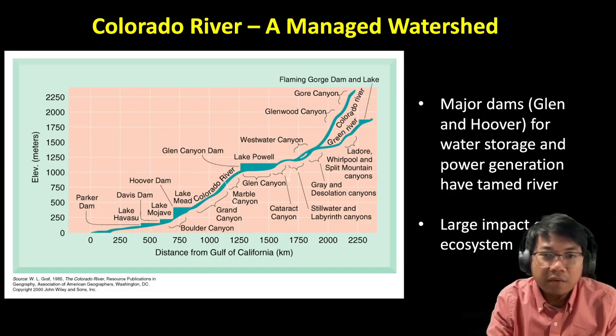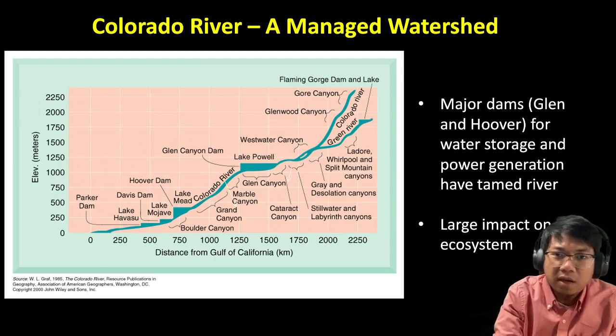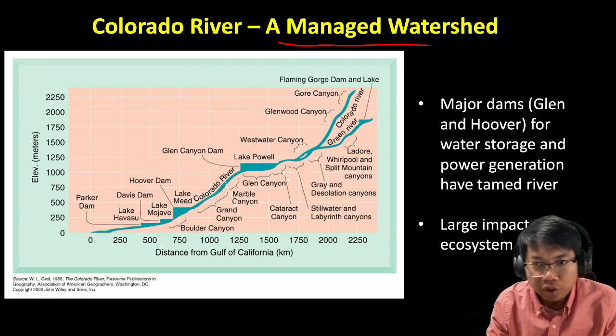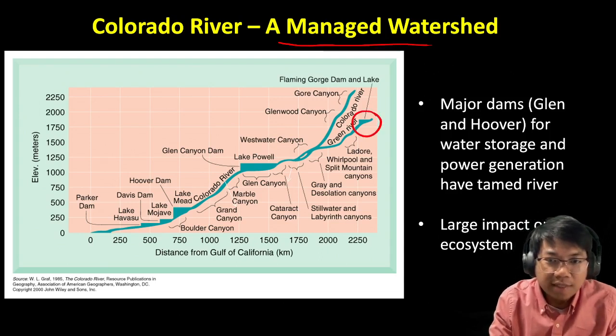And this is how the Colorado River looks, because there's a lot of people that require water from this particular river. Therefore, it requires good management of the watershed. There are multiple dams along the way. For example, we have the upstream dam here, the Flaming Gorge Dam and Lake.